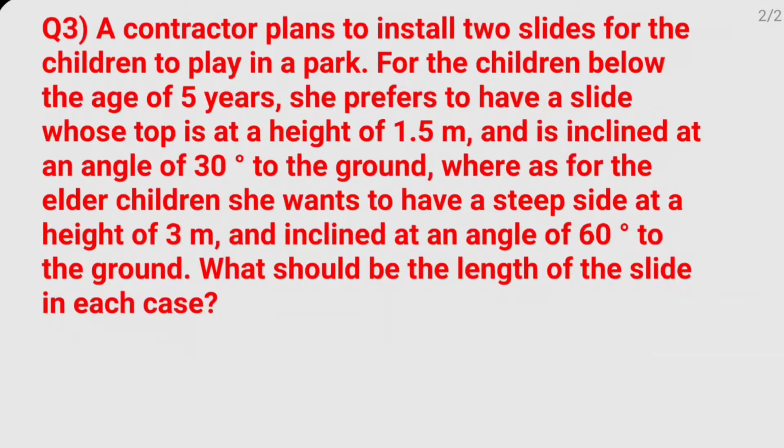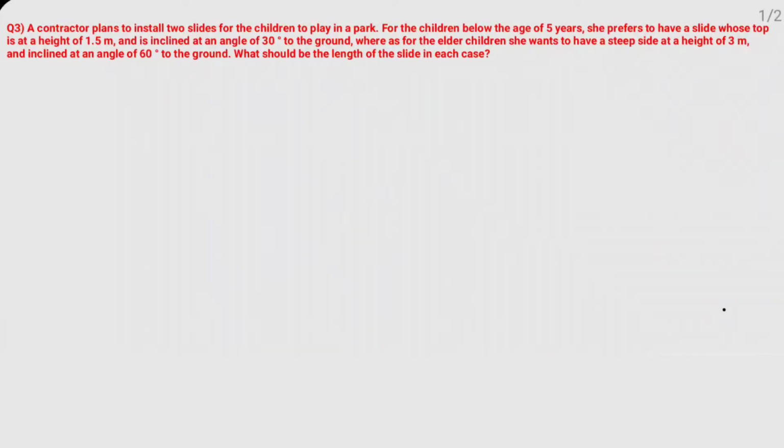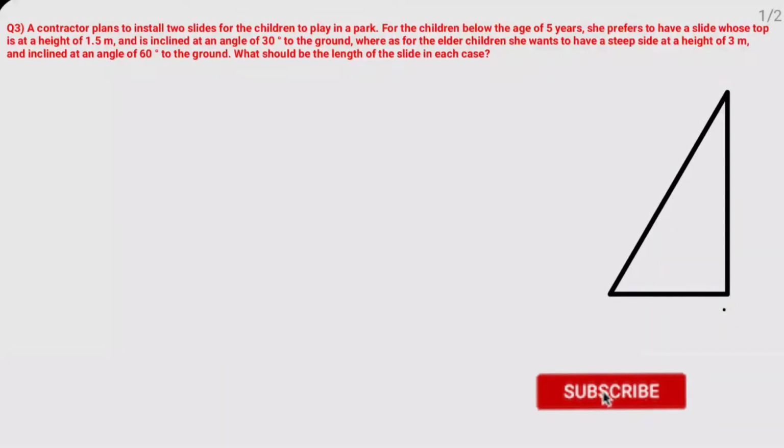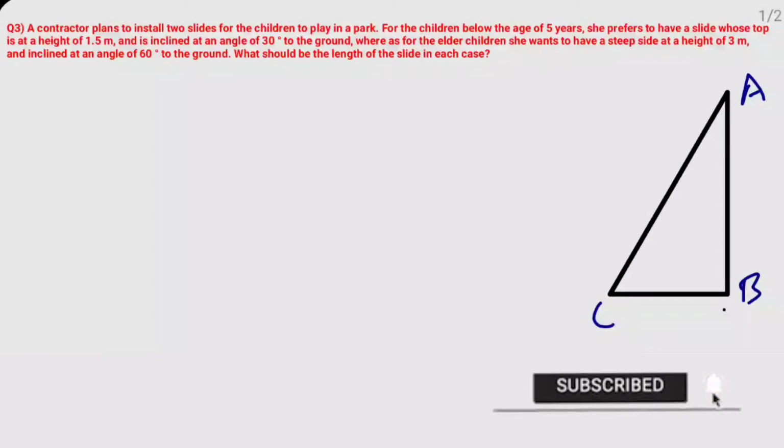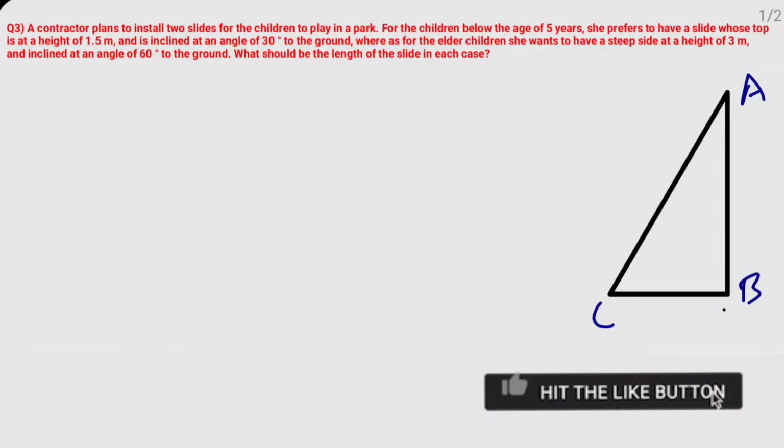So here they have given two slides, one for the younger children and one for the elder. So I will solve separately for the elder one and for the younger one. Let me draw a figure here. So here A, B, C. AB is the height of the slide and AC is the length of the slide.